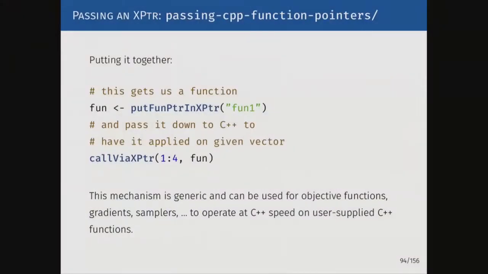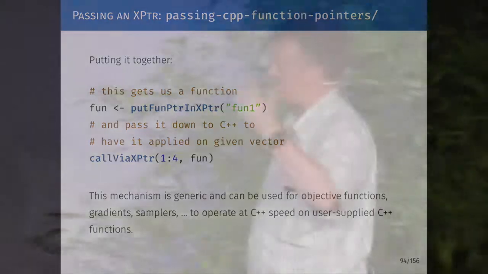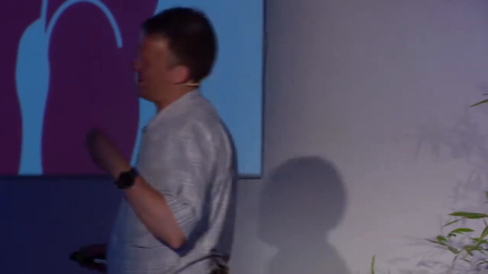And putting this all together, usage at the R level, for example, would be this. We have this R level callable function that creates the function pointer object. Given the switcher string that we put in, we said either fun1 or fun2 or error condition. That now gets assigned to a thing fun at the R level. It's a function pointer expressed as an external pointer object, which is a valid R object, which we can pass back and forth.